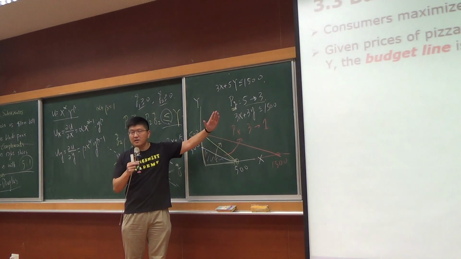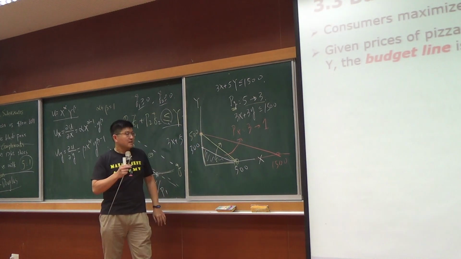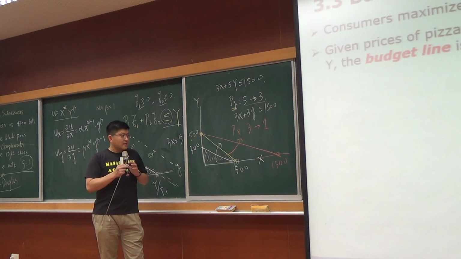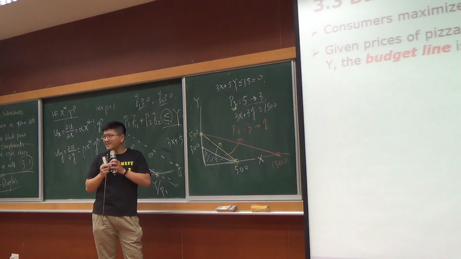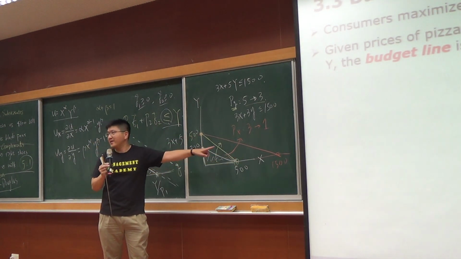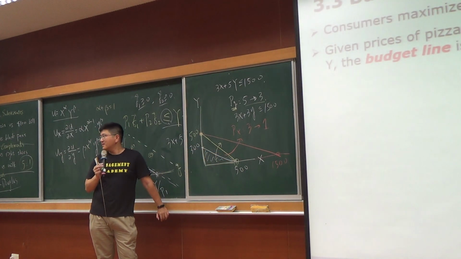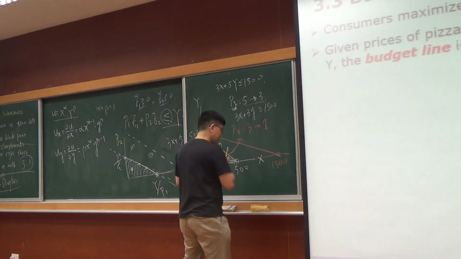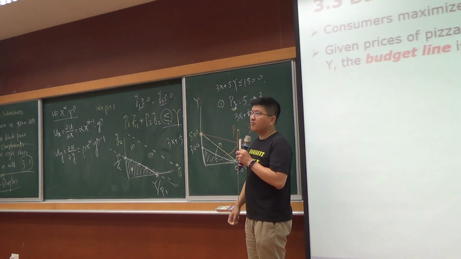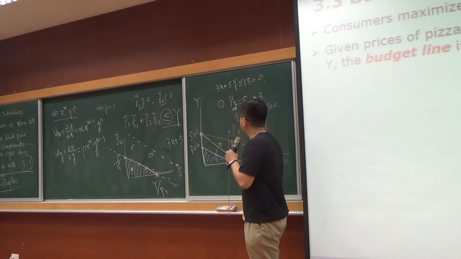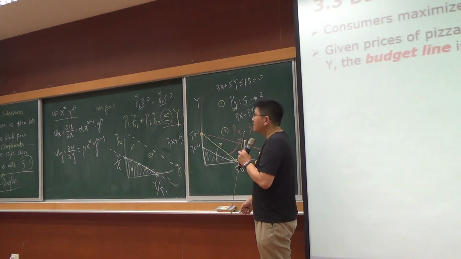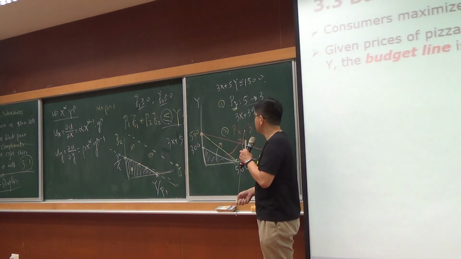In another way. Is that clear? And your budget set becomes larger again. So event one, the price of Y becomes cheaper. Event 2, the price of X also becomes cheaper.